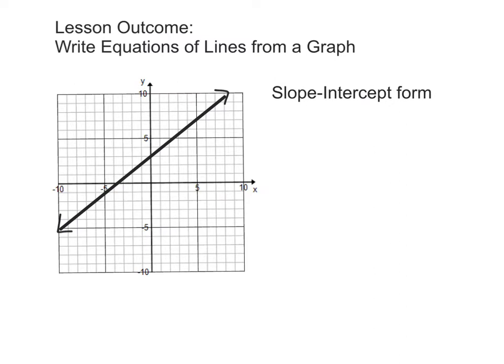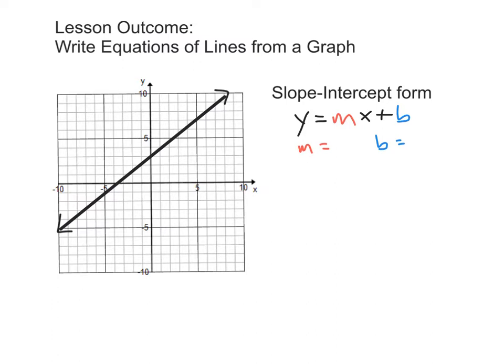We remember, hopefully, that y equals mx plus b is our general form for that equation. M is our slope and b is our y-intercept. So we're going to start by writing this equation by finding both of those values. M equals and b equals.